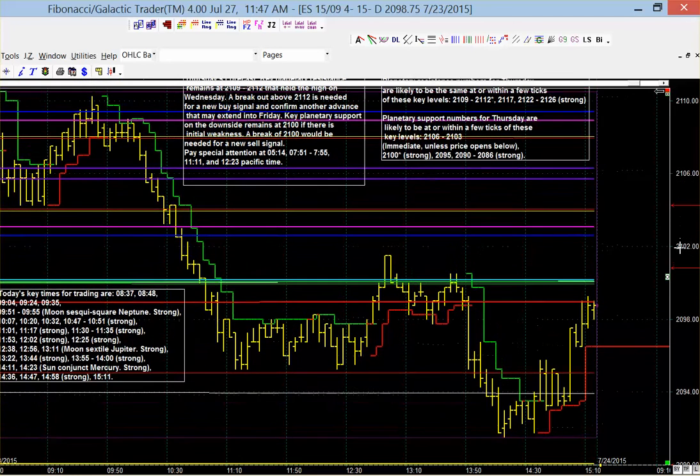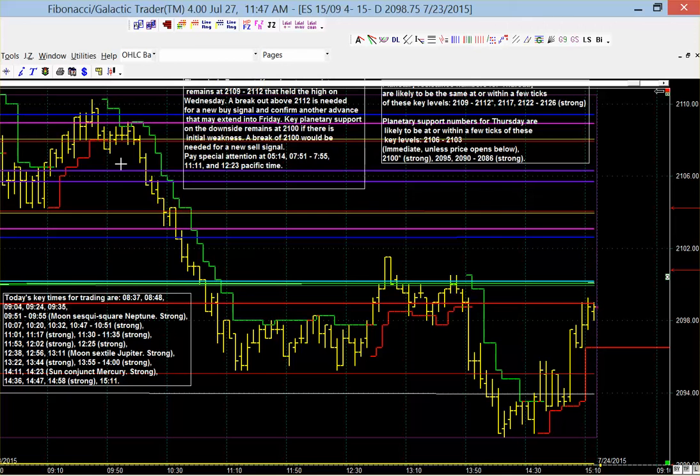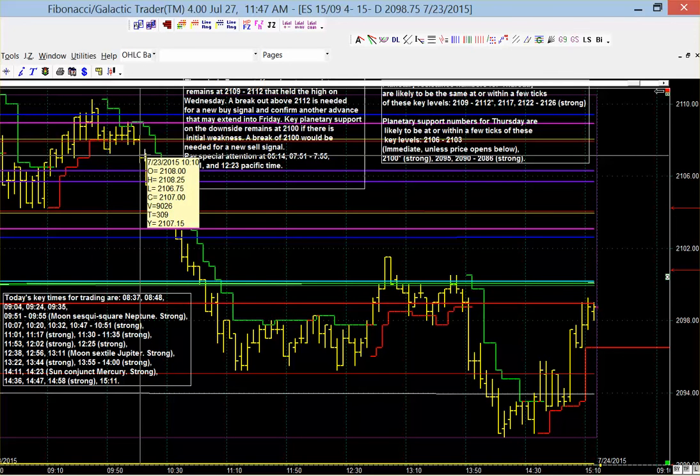So here are the setups for July 23rd, and to recap what was going on this day, the best winner was a retest at the key level here at 2109 to 2112. We got an excellent sell signal at the 10:07 key time, and that was the big winner.